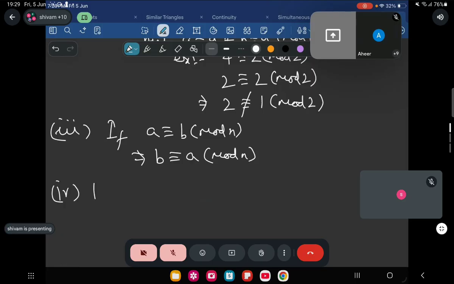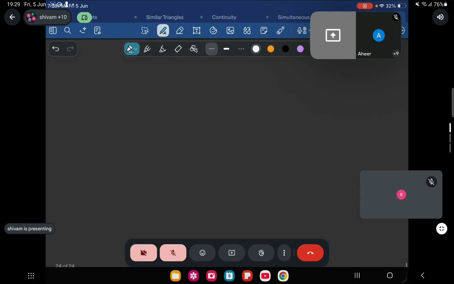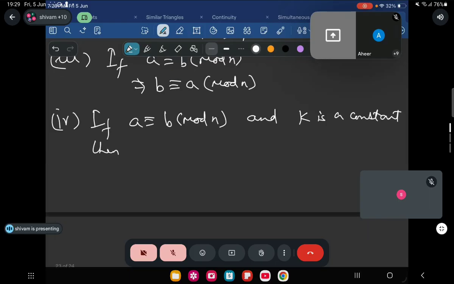Number 4. If A is congruent to B mod n, and K is a constant, then K plus A is congruent to K plus B mod n.